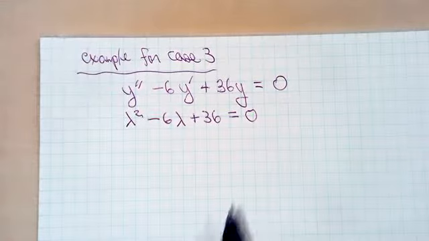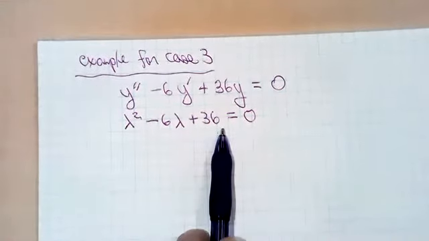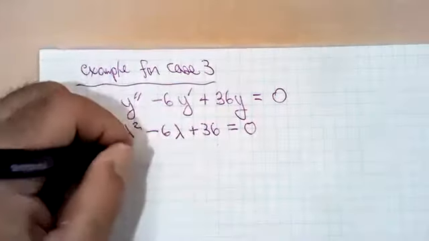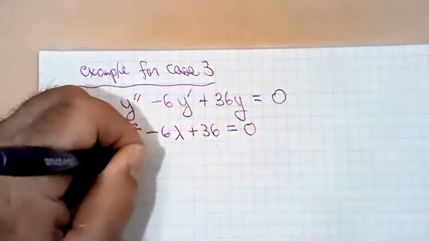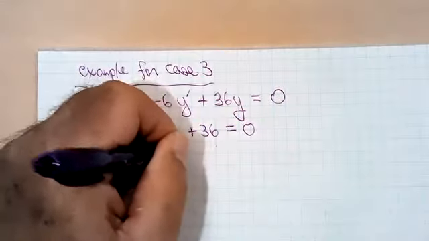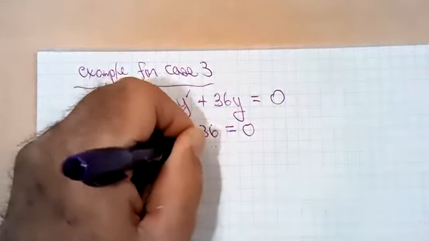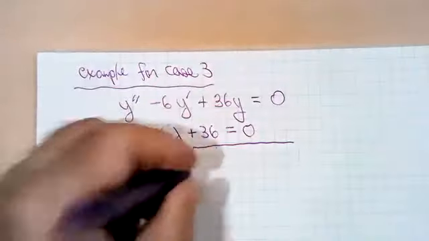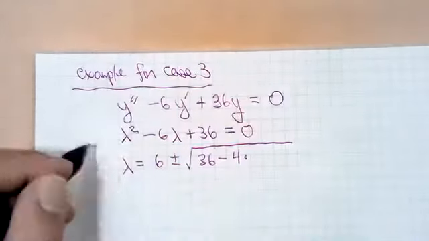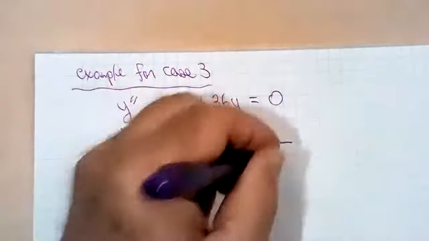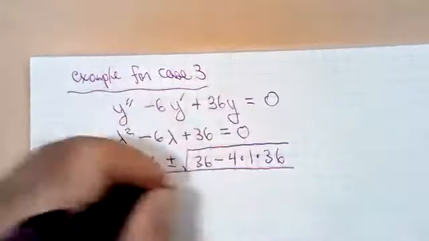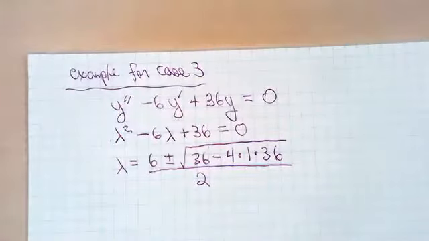Well, at first it looks hopeful, 6 and 36. Oh, 6 squared is 36. I ought to be able to do this somehow. You can't. So then you go to the quadratic formula. Lambda equals negative b, so that's 6, plus or minus the square root of b squared, 36, minus 4 times a times c, all over 2 times a, which is 2.